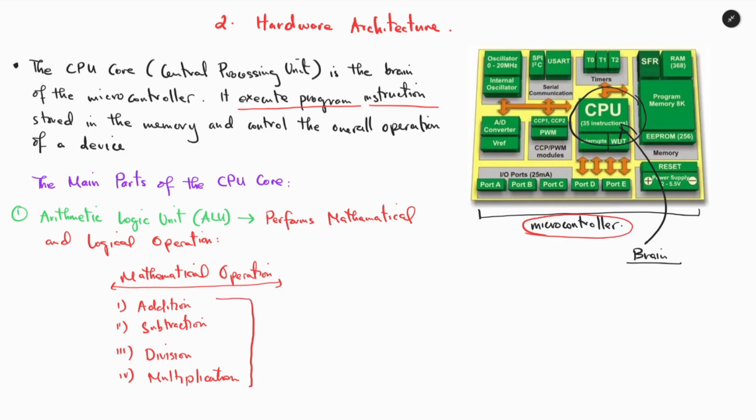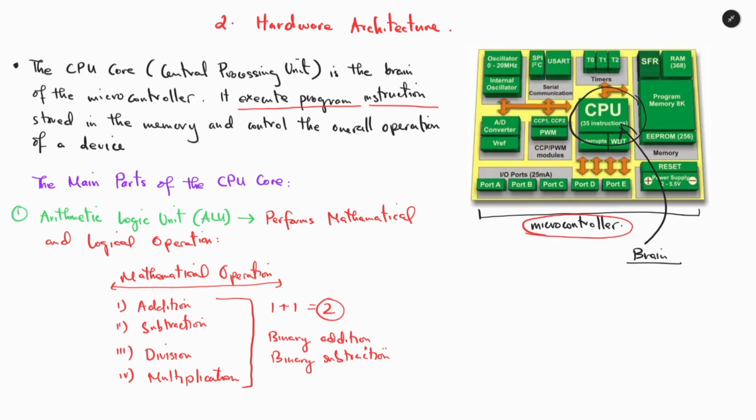And we deal with the number that is in terms of a decimal, where we have 1 plus 1 equals 2. And since the ALU is a digital device, it performs operations such as binary addition, and we can have binary subtraction, and so on.